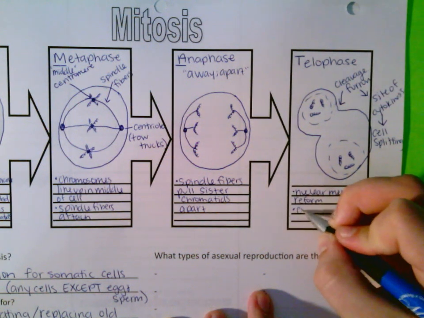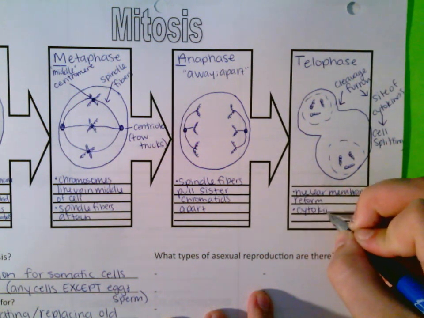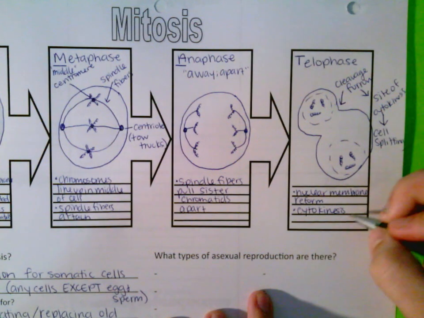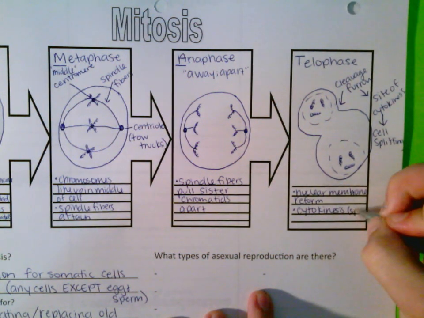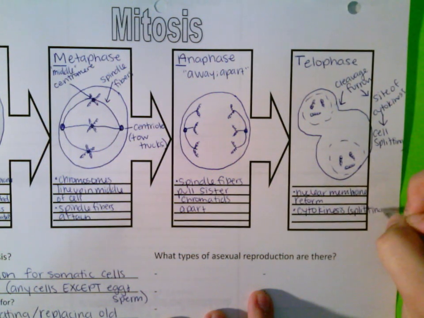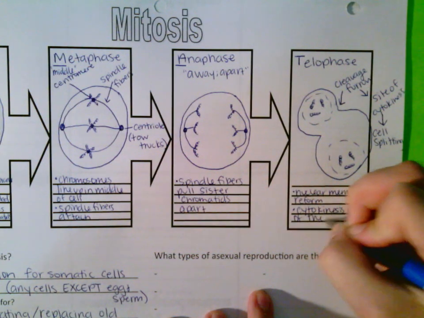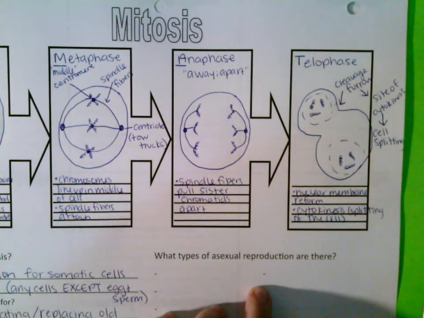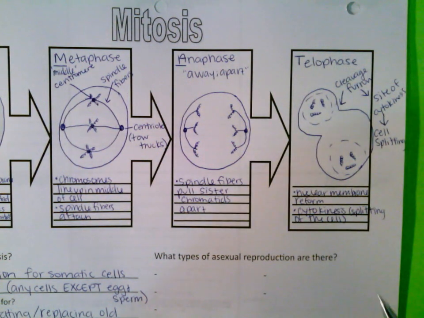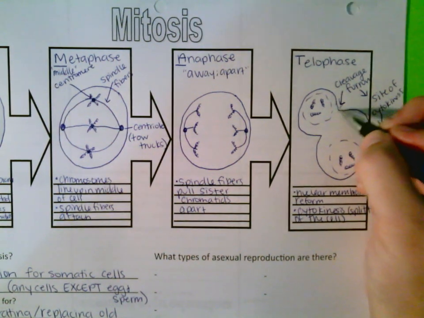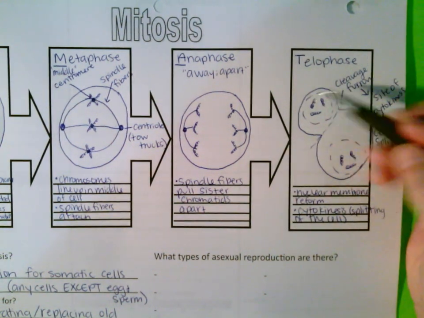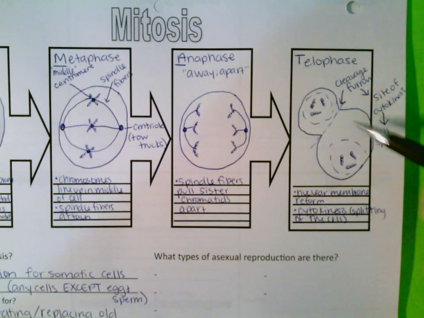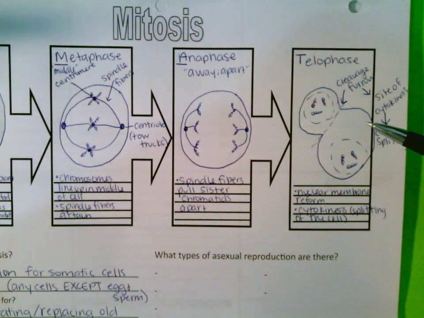And we also have cytokinesis, which is splitting of the cell. Okay. So now if we look back, after this cell is completely split apart, we will have two identical copies of cells from our original cell.